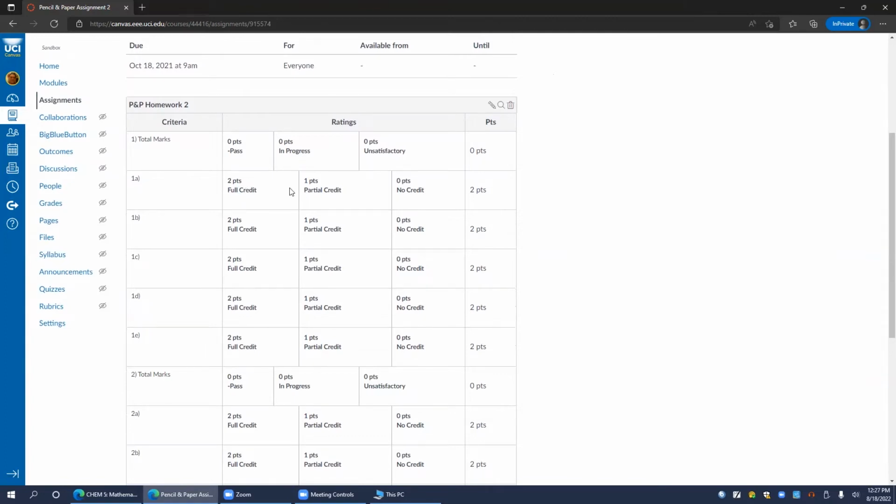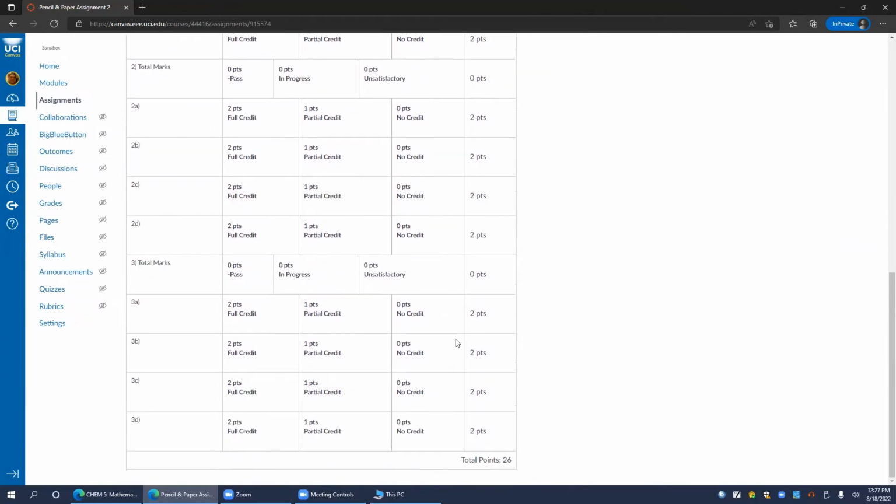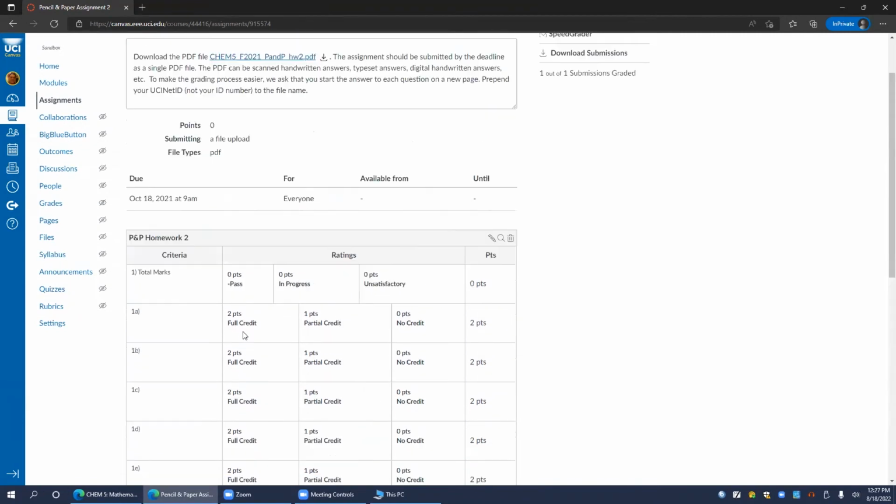Each question has a full credit, partial credit, no credit, and the whole problem has a mark: passing, progress, and satisfactory. And we tell the students points are irrelevant; they're just for computation purposes, and do not ever worry about Canvas numerical summaries. 18 out of 20, whatever total points, ignore that, it's irrelevant.